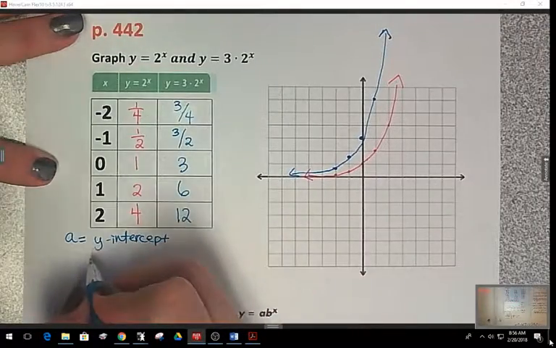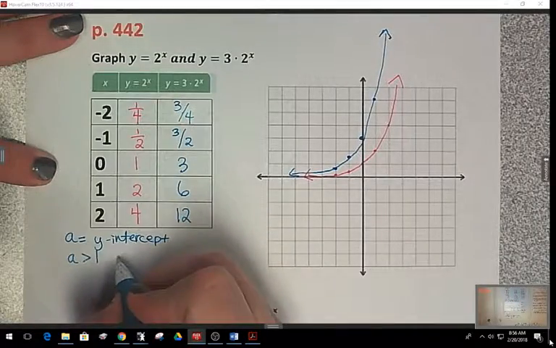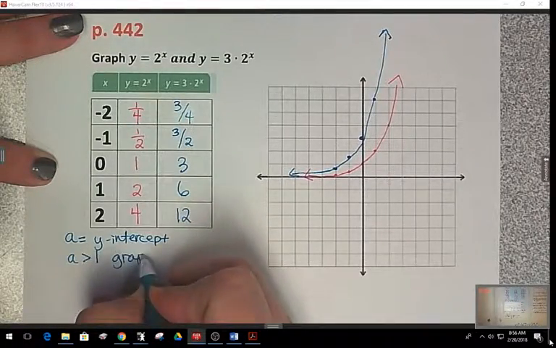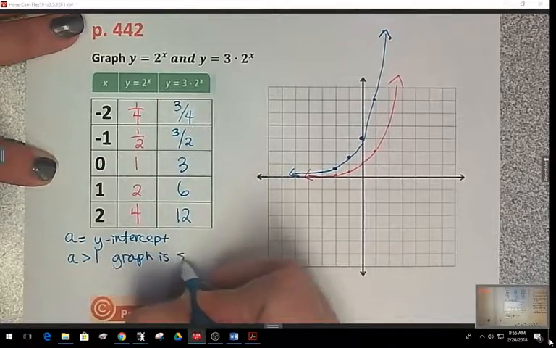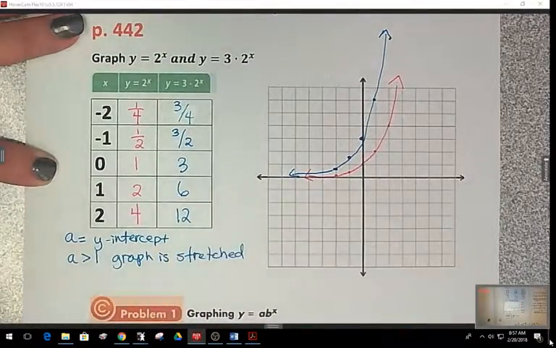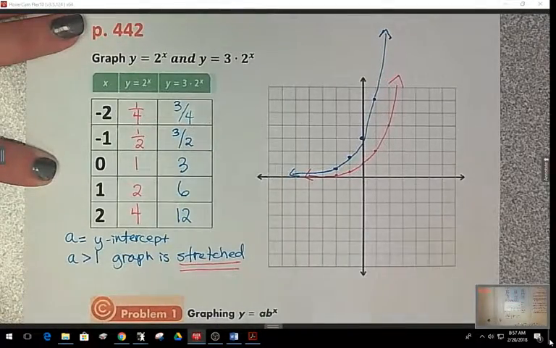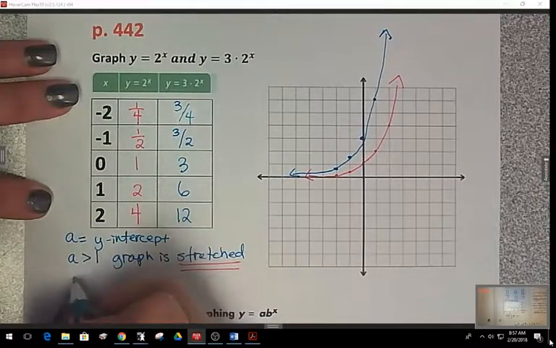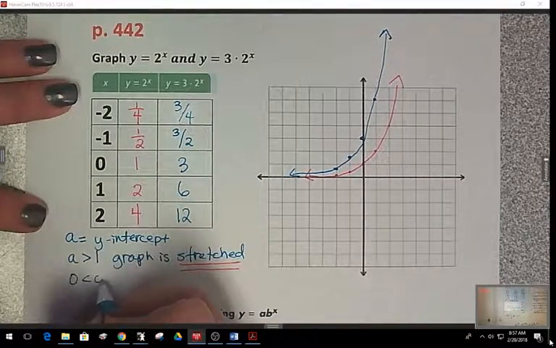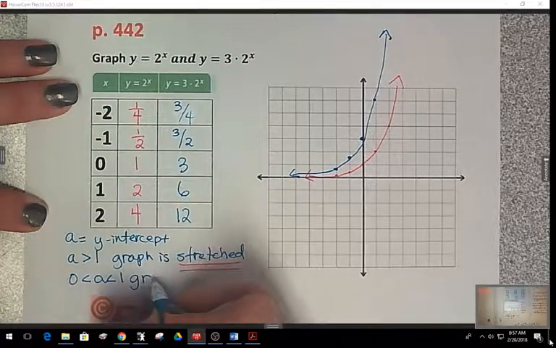So here's what they call it. They say that when a is greater than 1, the graph is stretched. And when your a is between 0 and 1, the graph is compressed.